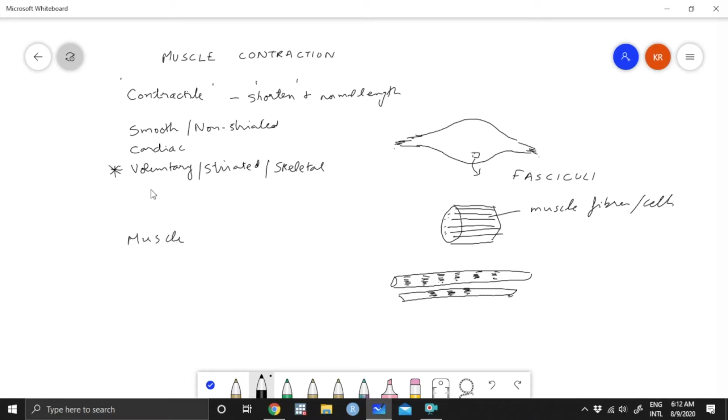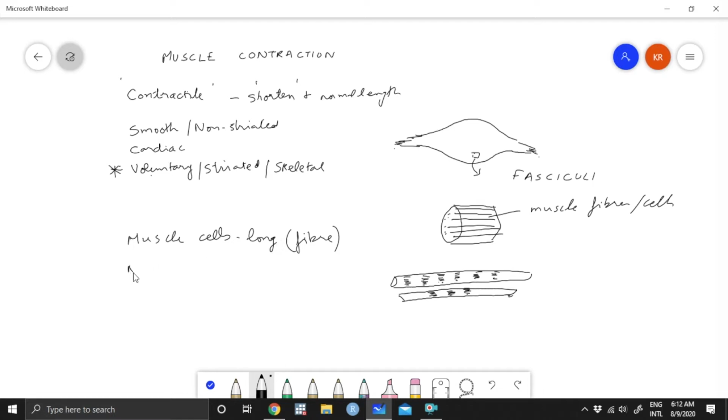As I told you, we are restricting ourselves right now to voluntary muscle, striated muscle or skeletal muscle. So these muscle cells are long, hence they are called fibers. Just like we call a nerve cell a nerve fiber, similarly a muscle cell is often called a fiber because it is very long.